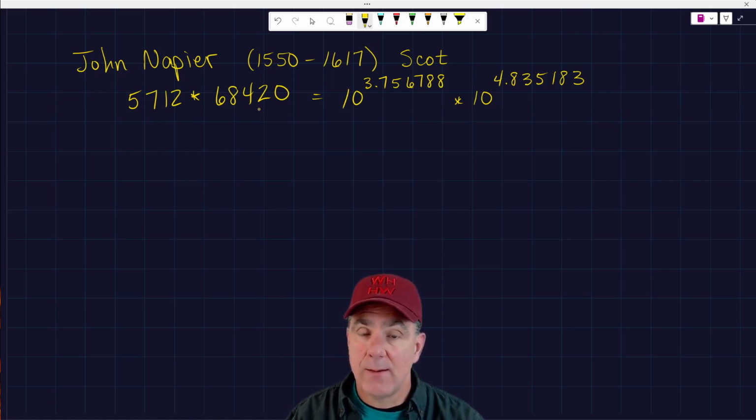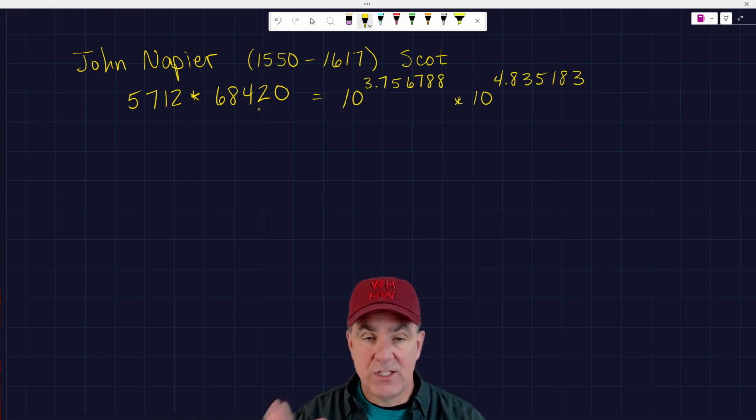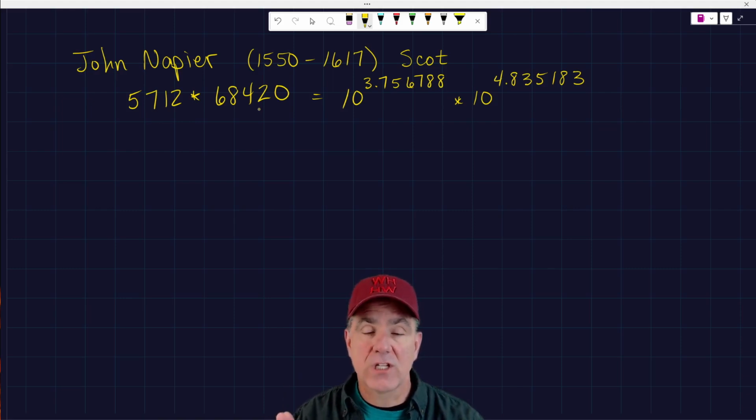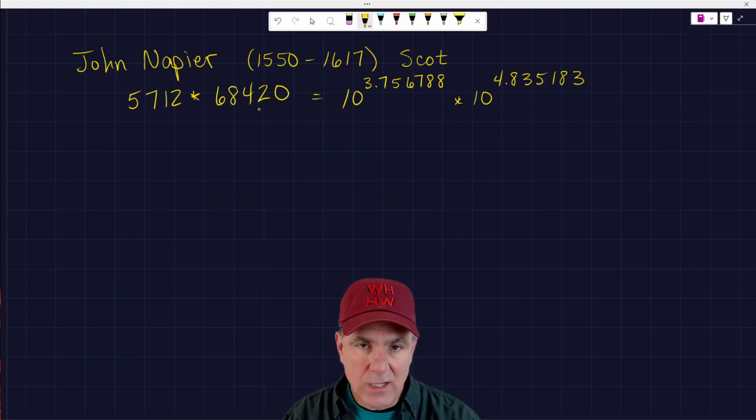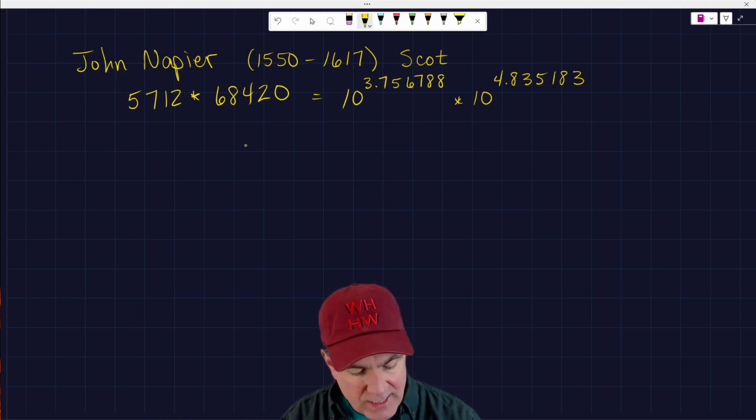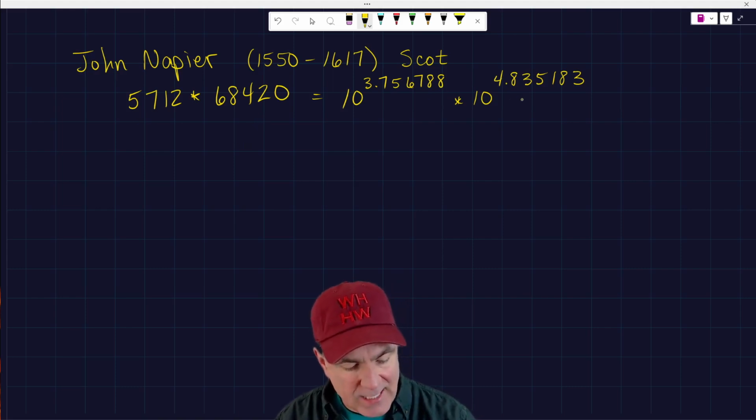So the logarithm tables actually only needed to be developed for numbers between 0, not including 0 of course, and 10. Because once you got up to 10, then you had 1. So what he did was he said, hey, instead of multiplying these things, what I'm going to do is add together the exponents.